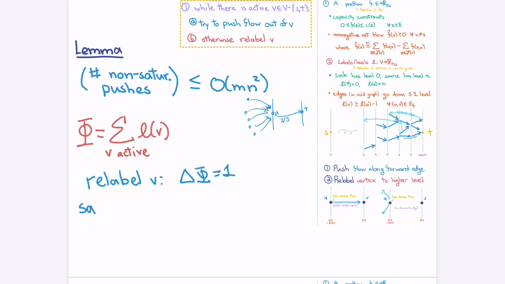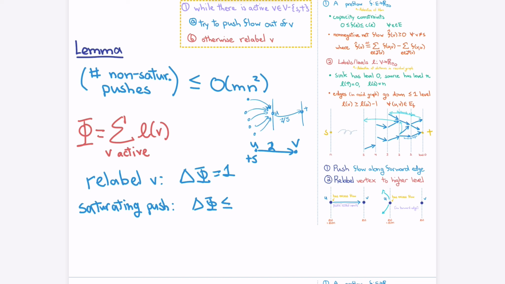Okay. Now what about a saturating push? What's the maximum amount it can go up by? What's the worst thing that can happen?